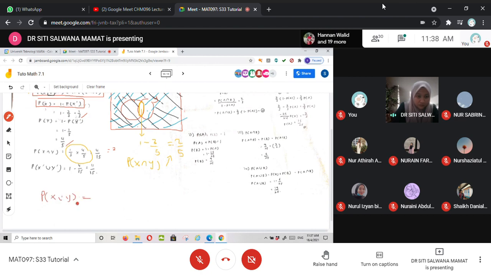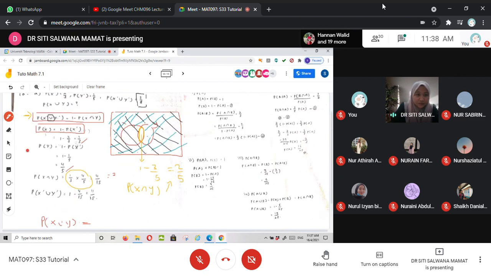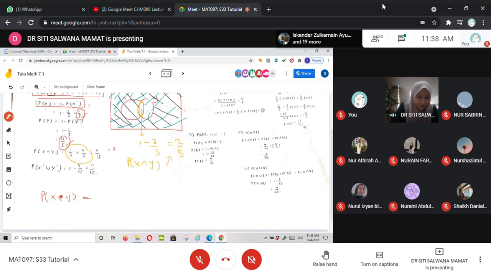Okay, so yang ni you guna additional rule yang simple tu je. Since you dah ada P of X, okay, this is you punya P of X, this is P of Y, and then this is you punya intersection kan. Okay, between X and Y, you guna additional rule. Okay, number berapa tu I tak sure.